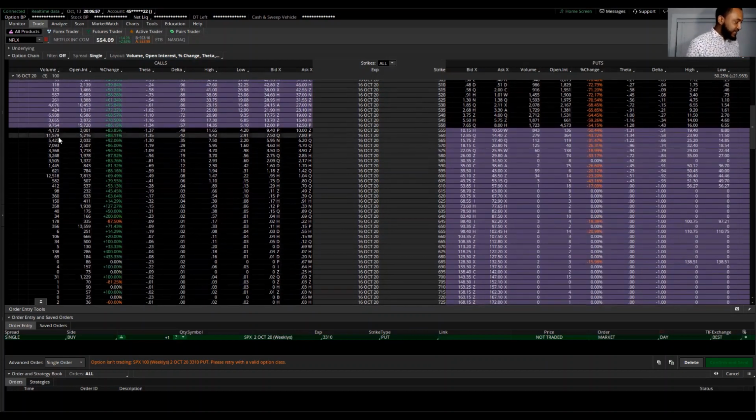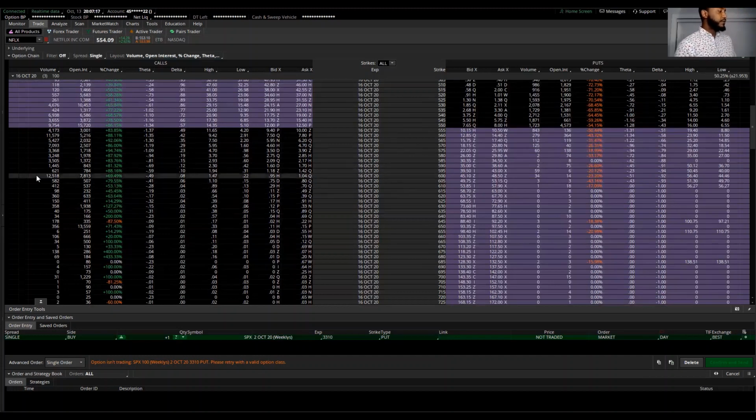So you'll see here in the Netflix chain, you have an 11K volume, and a 12K volume, which means in the day that just passed, these two contracts got traded 11,000 and 12,000 times. This is the 560 strike and the 600 strike.